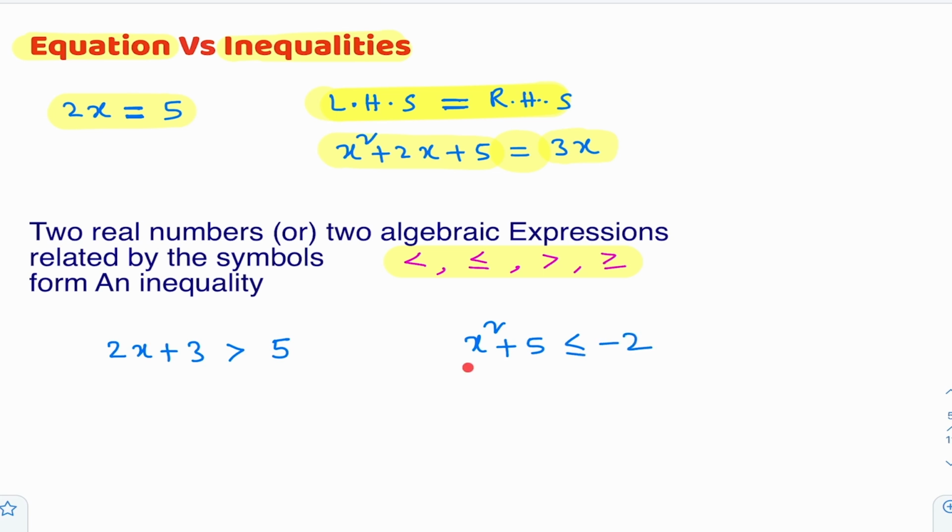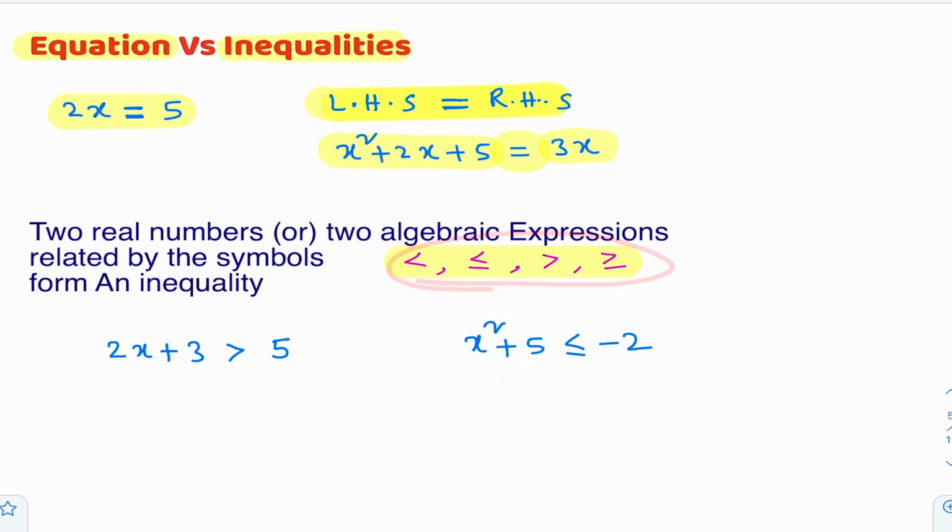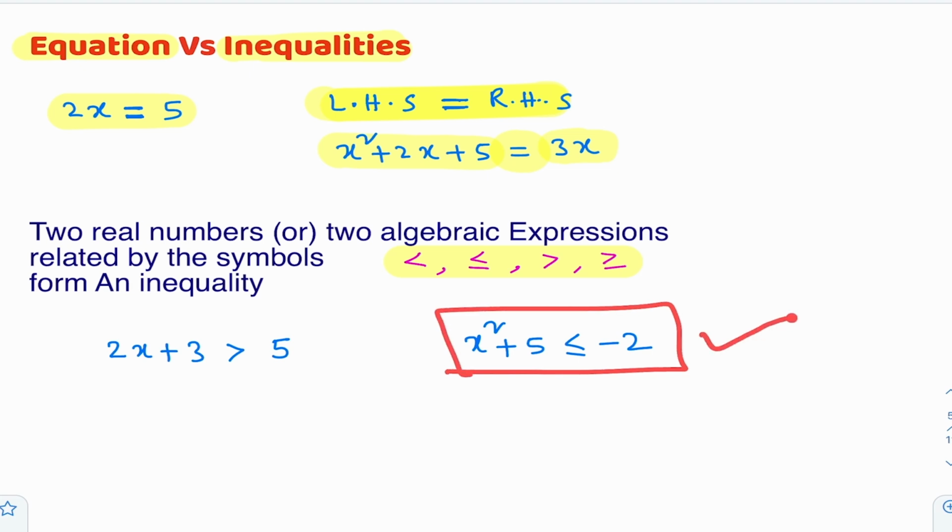Actually, on the left hand side one algebraic expression is there, and on the right hand side one algebraic expression is there. These two are related with one of these symbols. So this is an inequality.